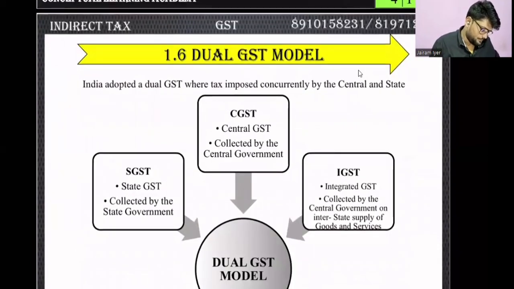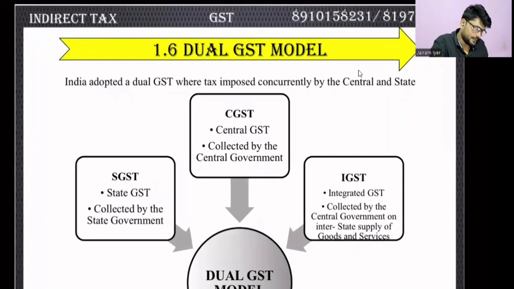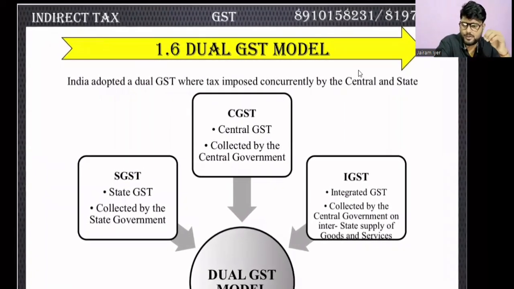Dual model of GST. See, what the dual model is, is that both the state and the central government are working hand in hand. How so? Whenever we talk about CGST, it is the tax which is levied by the central government and it is completely controlled by the central government, correct? But whenever we talk about SGST, it is their respective state act.